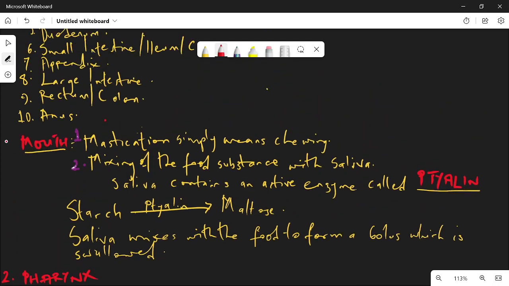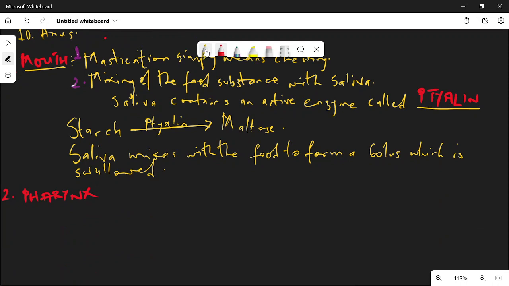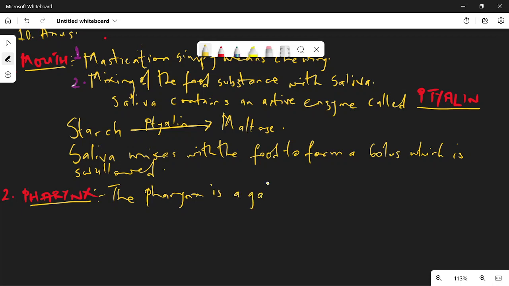Now, I need us to understand that the pharynx is referred to as a gateway. Now, why do we refer to the pharynx as a gateway?